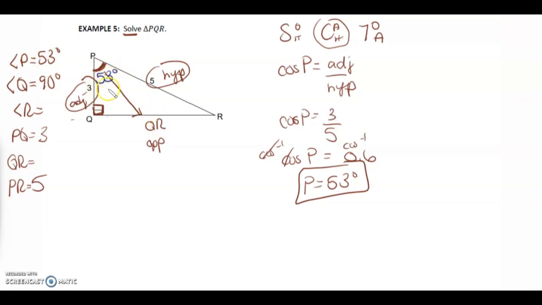Now that we have 2 of the angles in the triangle, we can solve for angle R using 180 minus 90 minus 53. So that's a quick one. And we get 37 degrees.